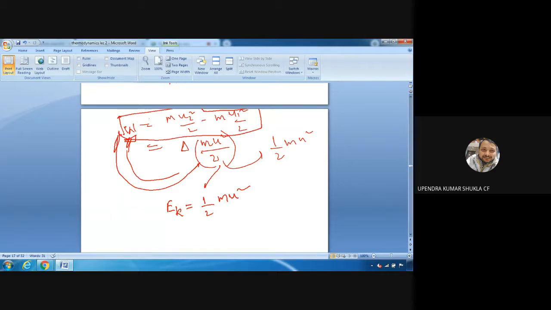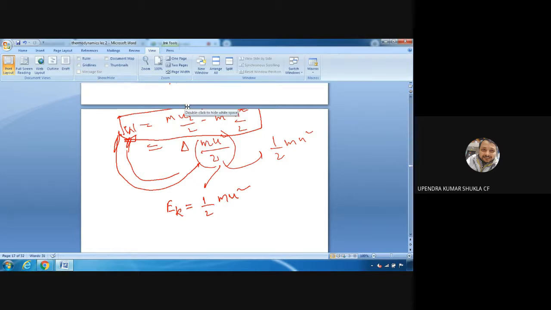What significance will this equation have? This equation shows that work done on a body in accelerating it from an initial velocity u1 to final velocity u2 is equal to the change in kinetic energy of the body.